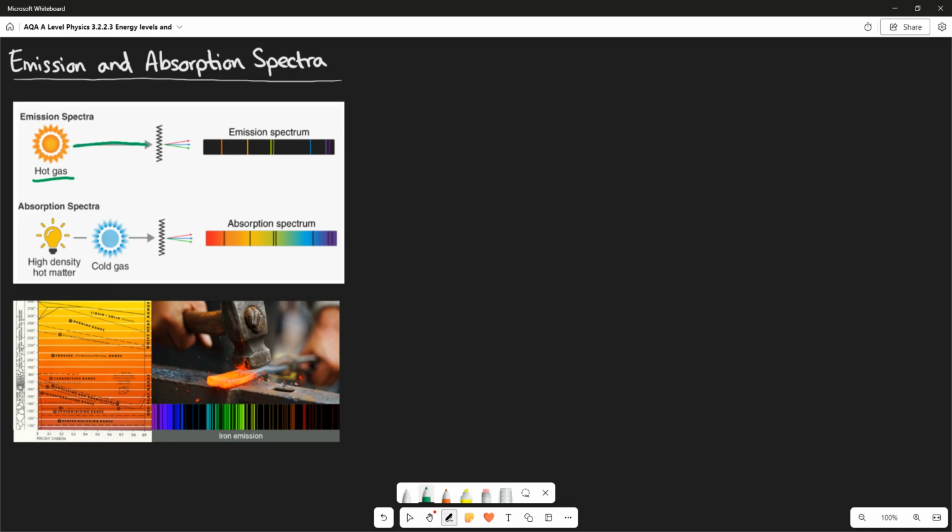The light being emitted from that hot gas, if we pass it through a diffraction grating, which will allow us to see the spectrum, we get a spectrum that is incomplete. There are lots of gaps, but where we do get light, that is the energy of the photons that are being given out when the electrons are falling from an excited state back towards ground. So we can spread that light out, and this is an emission spectrum, the word emission meaning to give out, to emit.